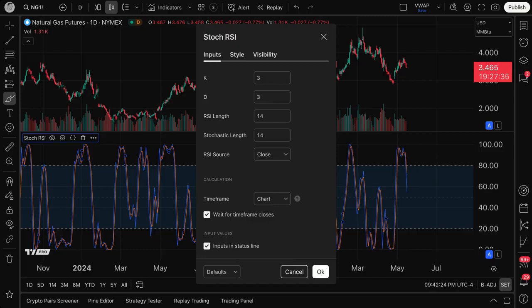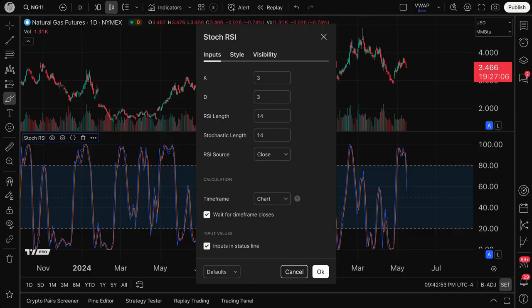The K value in the stochastic RSI represents the raw stochastic value of the RSI. It's measuring the relative position of the current RSI value within its recent high-low range over a specific number of periods. And you can think about those specific periods depending on what you type into this K value in the settings menu.